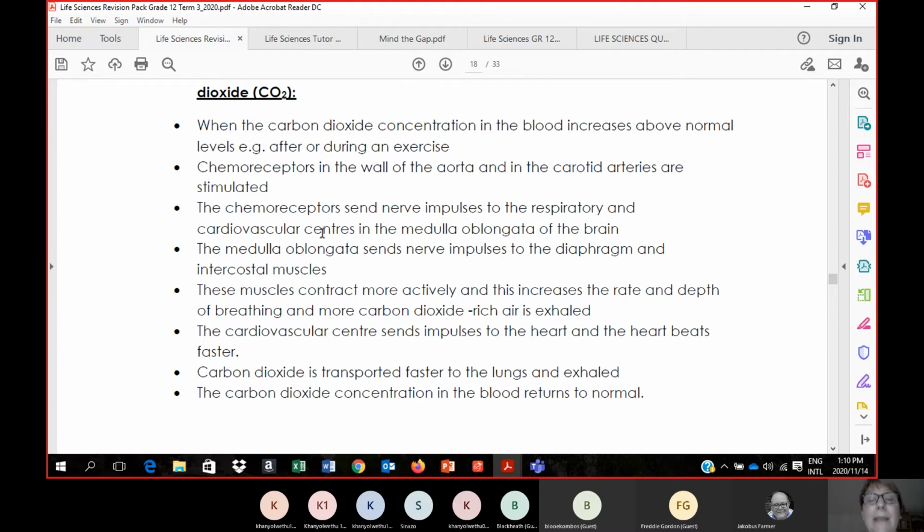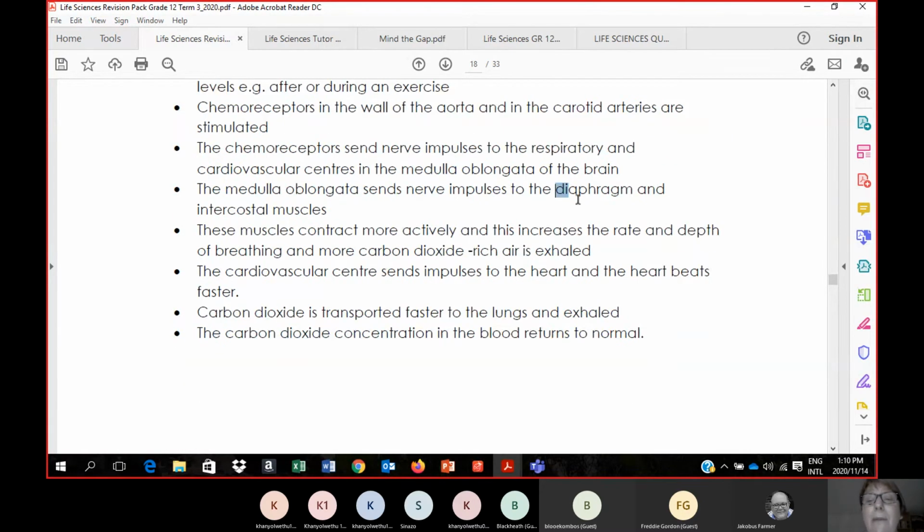And it now sends impulses to the diaphragm and intercostal muscles. Remember, these are your muscles that are involved in breathing, right? So now the rate and depth of breathing increases. And as that happens, more carbon dioxide is exhaled.